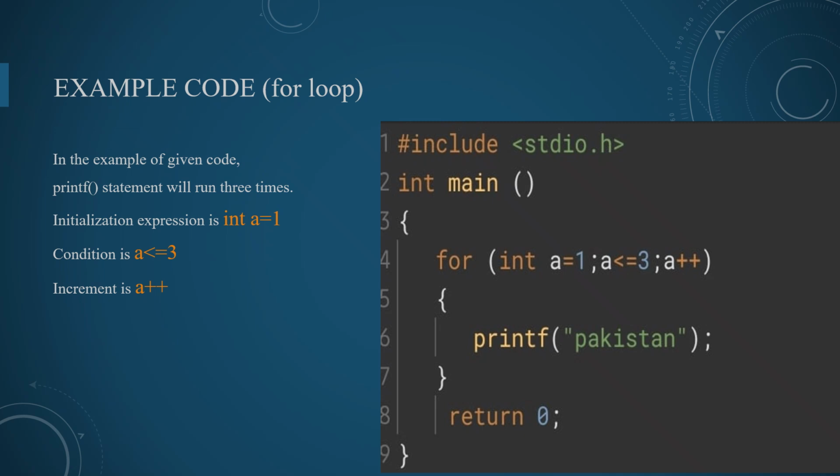It means this for loop will continue to repeat itself until the value of a remains less than or equal to 3. And finally, we have incremented the variable a by 1 in every iteration.